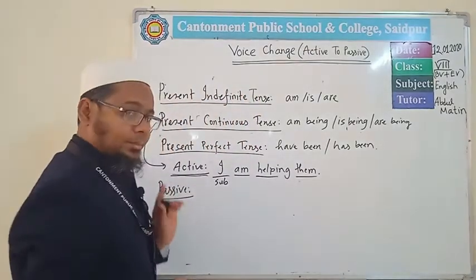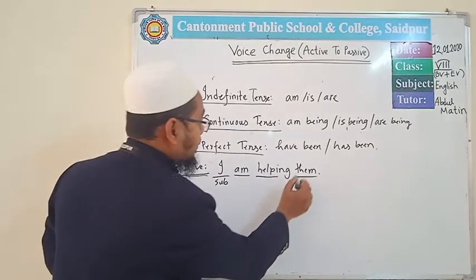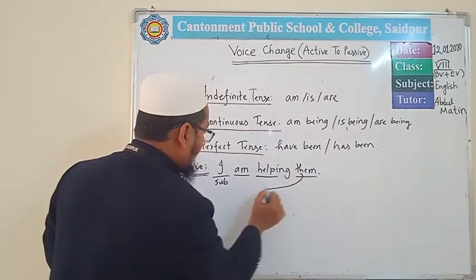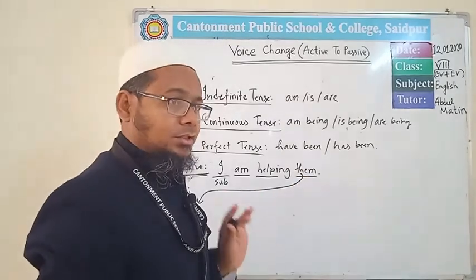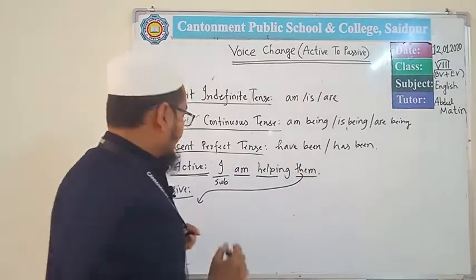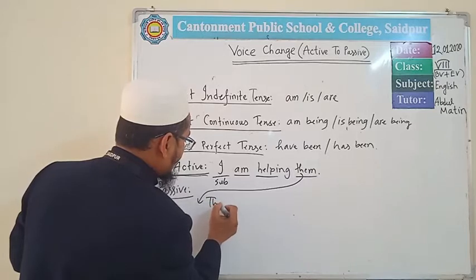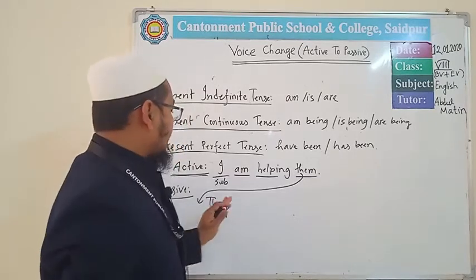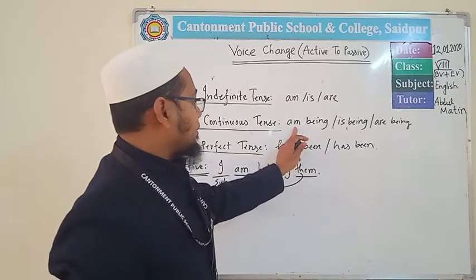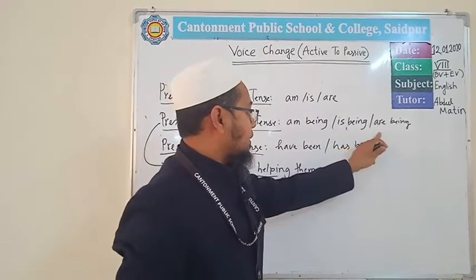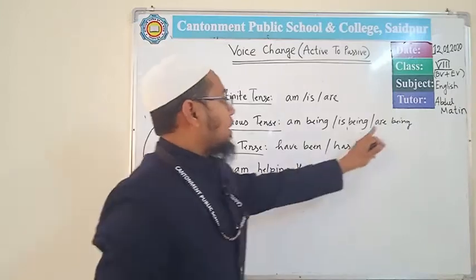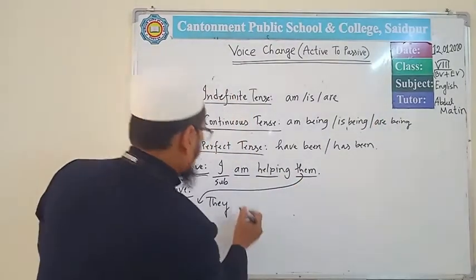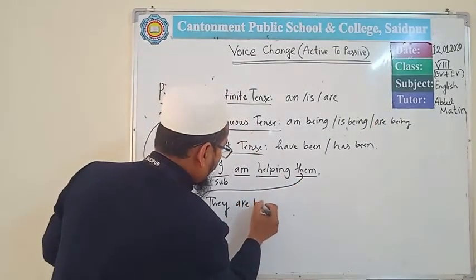So if you want to make it passive, first you have to know what is the subjective form of them. The subjective form of them is they. So first you have to write they. And then according to the structure, am being, is being, are being. As it is plural form, then it will be are being. They are being.